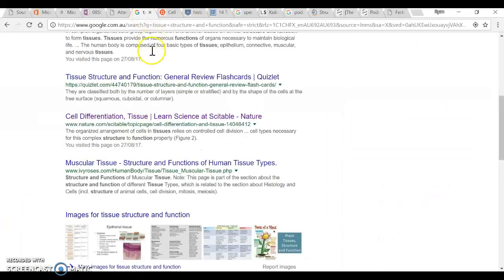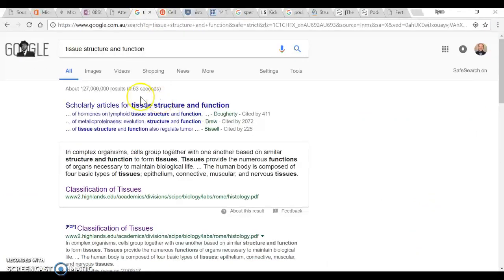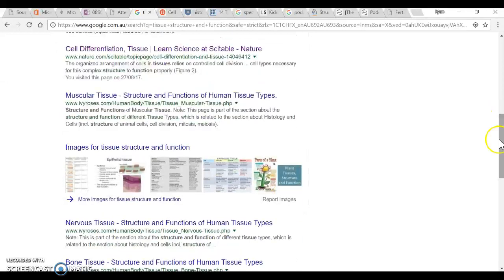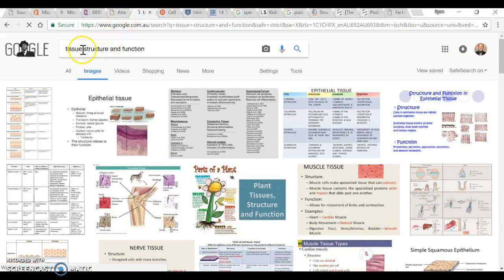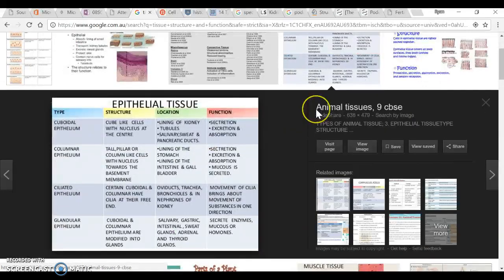What I'm going to do though is, because I saw down here a couple of tables, tissue structure and function. I'm looking at some of the images. So I've just spoken about epithelial tissue, and so I can look here. Columnar epithelium, right? Structure, function.